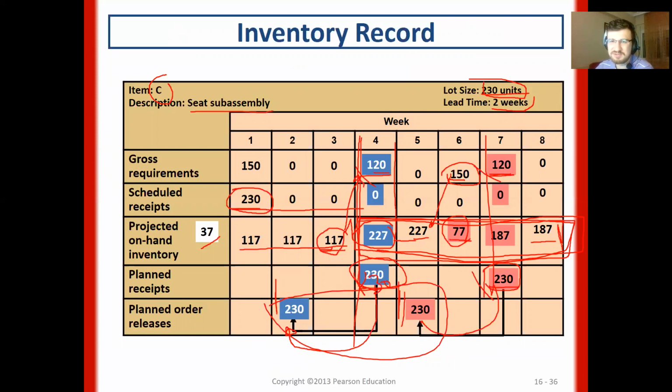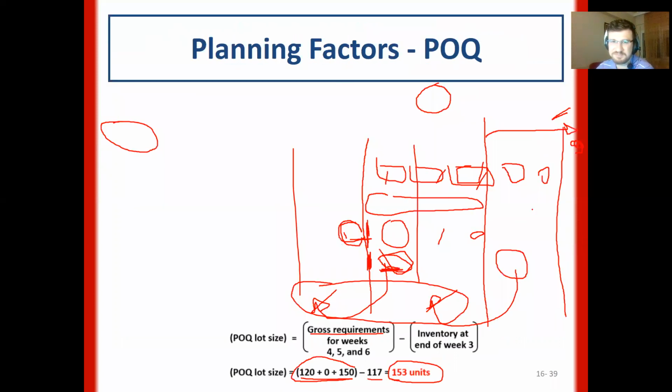So these are the amount of units we keep in our storage area throughout this period. So the average inventory will be the sum of on-hand inventory divided by 1, 2, 3, 4, 5 weeks.